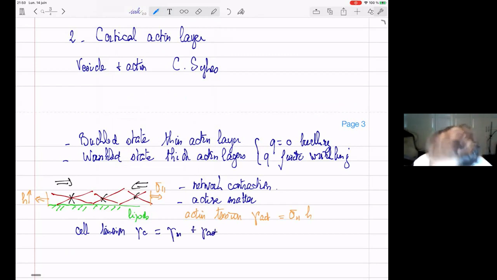Now, I told you that the contribution from the membrane was something like 1 millinewton per meter, or 10 to the minus 3 newton per meter. The contribution of the actin is much larger than that. It's something like 100 times larger than that. So the tension of the cell is not dominated by the membrane. The tension of the cell is dominated by actin.